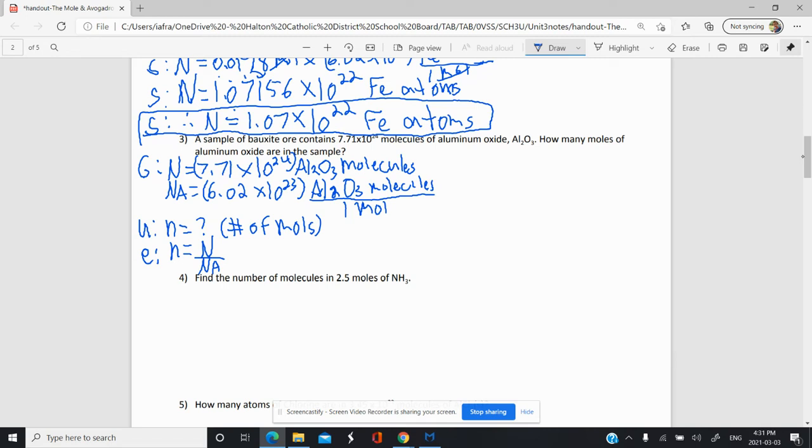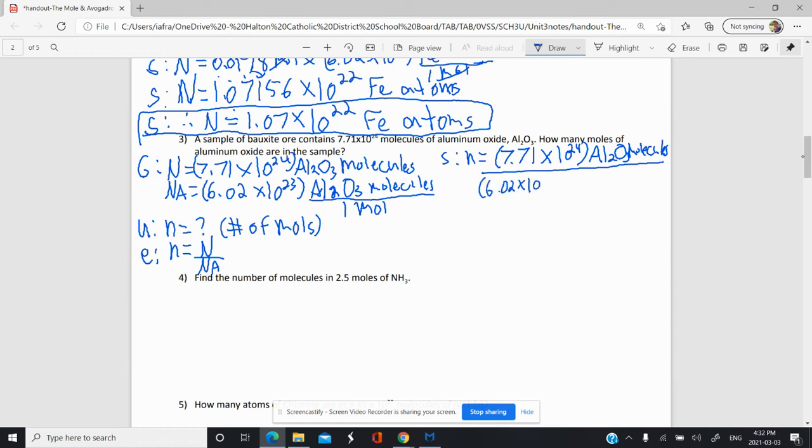So we're going to substitute and solve. So we're going to get that n is equal to the number of particles, which is 7.71 times 10 to the power of 24 Al2O3 molecules over 6.02 times 10 to the power of 23 Al2O3 molecules per mole.